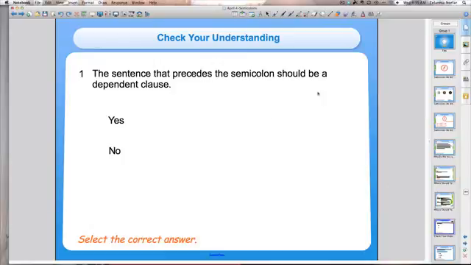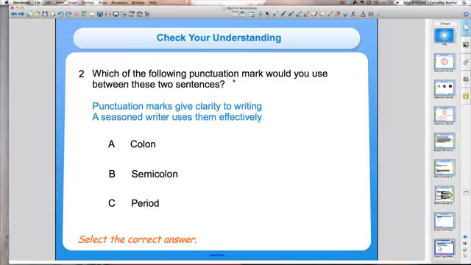Okay, let's check our understanding. The sentence that precedes a semicolon should be a dependent clause. Again, pause the video until everyone has answered, and then we'll click to reveal the right answer. You got it. The answer was no. Okay, which of the following punctuation marks would you use between these two sentences?